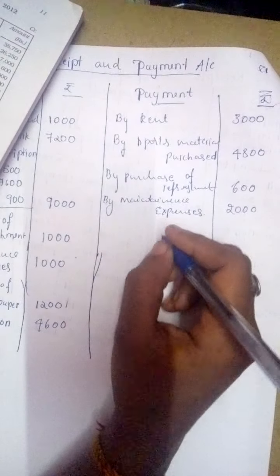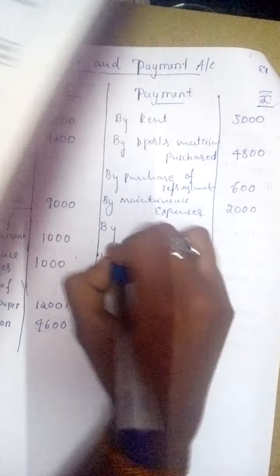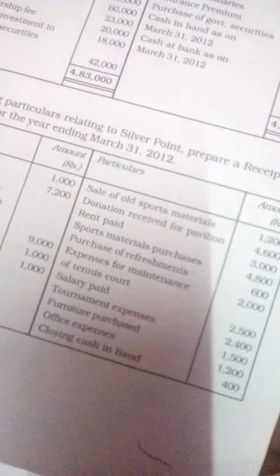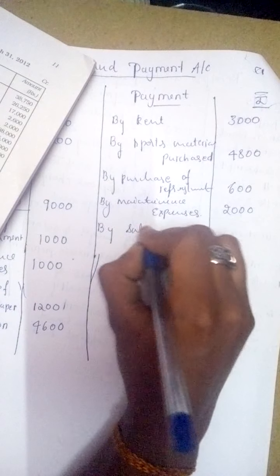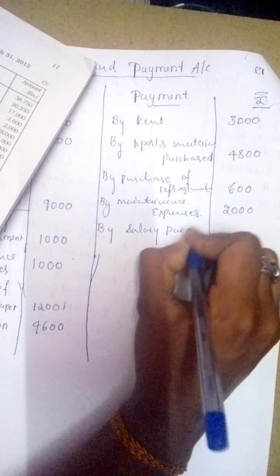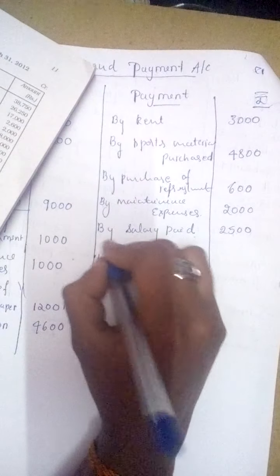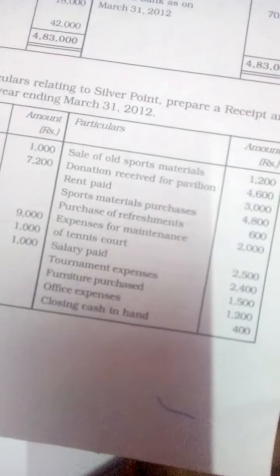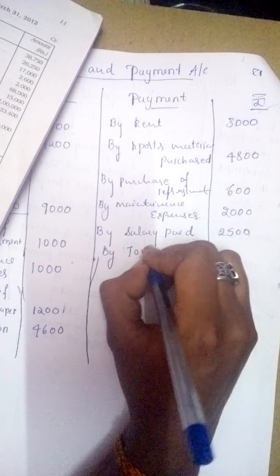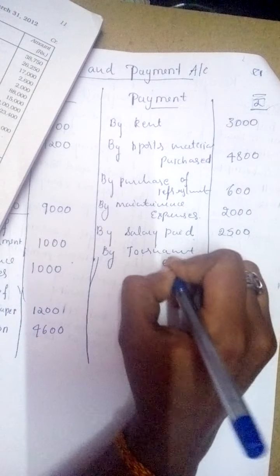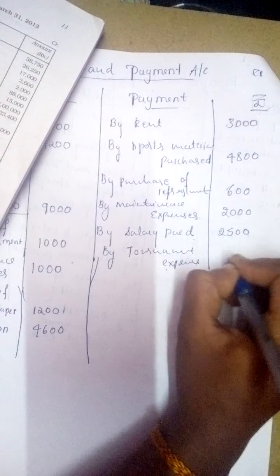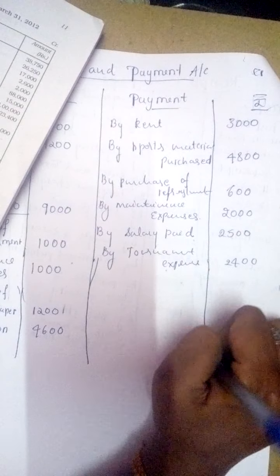Then salary paid, by salary paid 2500. Then tournament expenses, what is the amount of tournament expenses? 2400, by tournament expense, that is 2400.